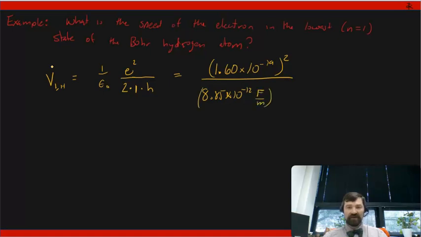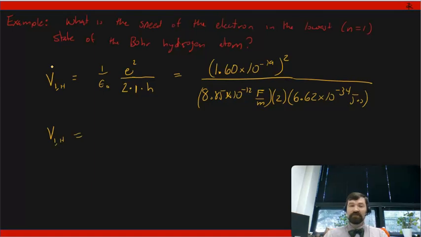That's your epsilon naught, times 2 times h, which again is roughly 6.62 times 10 to the negative 34 joule seconds. So what does all of that give us for the speed?